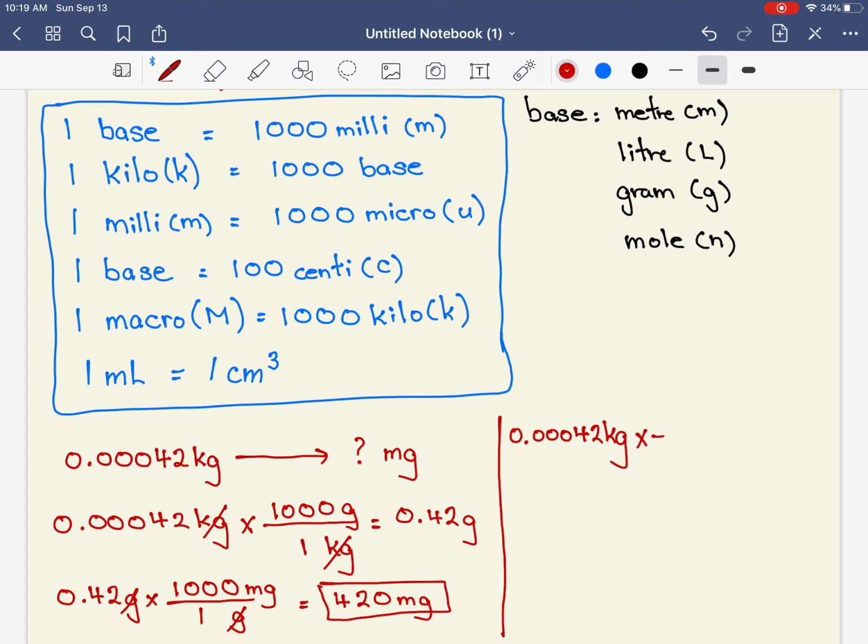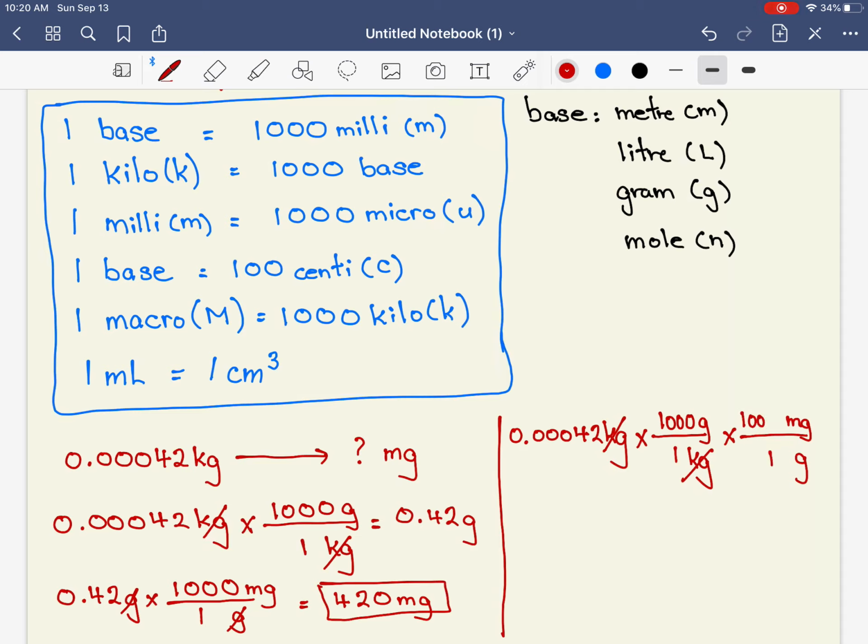Instead of equaling, you can say, okay, I need to first change kilograms to grams. So I plug in the relationship. That way I know for a fact that kilogram and kilogram cancel, and I'm left with grams. Now I'm going to change grams to milligrams. So I'm going to do it again. Okay? This time I'm going to have grams here, so the grams and grams can cancel, and I'll have milligrams up here.